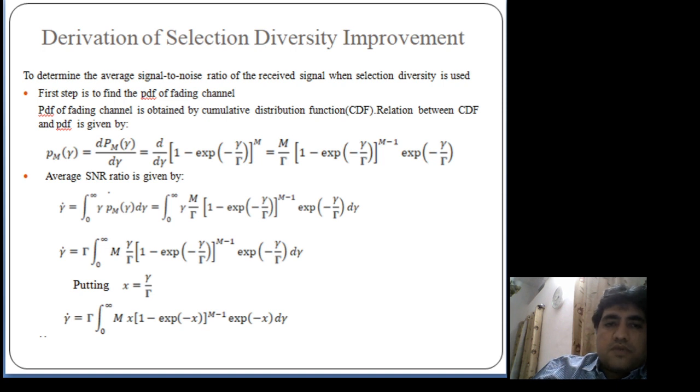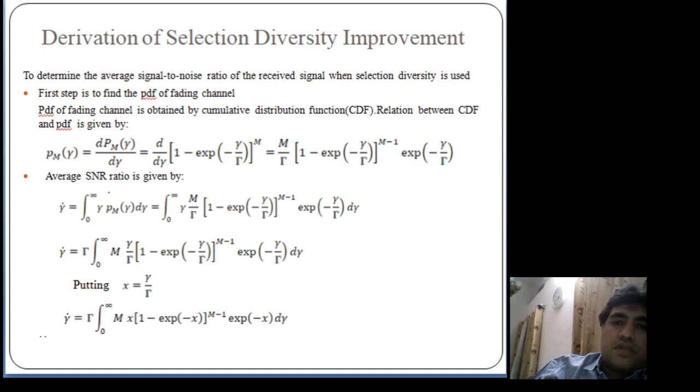Cumulative distribution function and PDF are related by the relation that PDF is the derivative of the cumulative distribution function. So the PDF of the fading channel, small p m threshold, is given by the derivative of the capital P m threshold divided by d threshold.